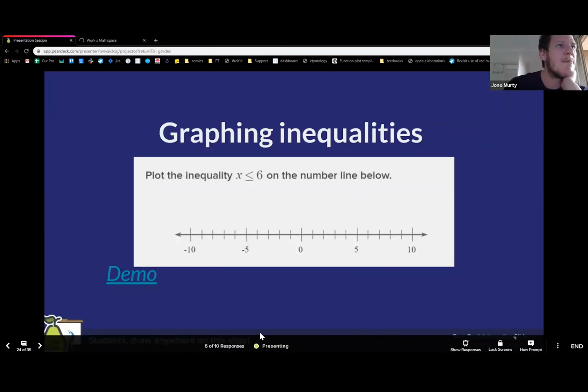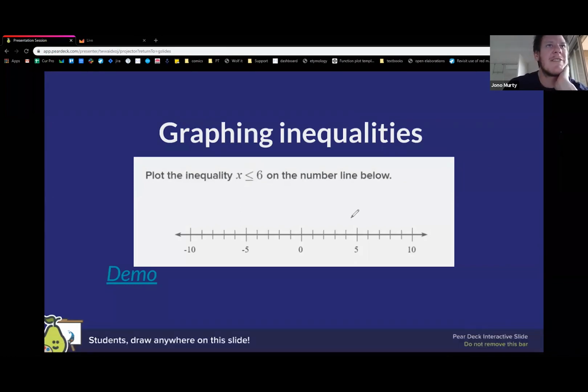It's a bit different on Mathspace. You don't need to draw it. You can actually use the toolbars itself. So if I was doing it, we're at X less than or equal to 6. This is 5, that's 10. So this has to be 6 here. So whatever is happening, we want this point here, obviously.